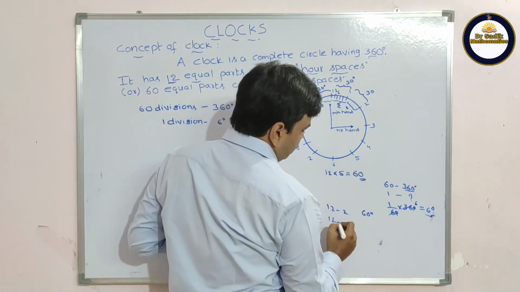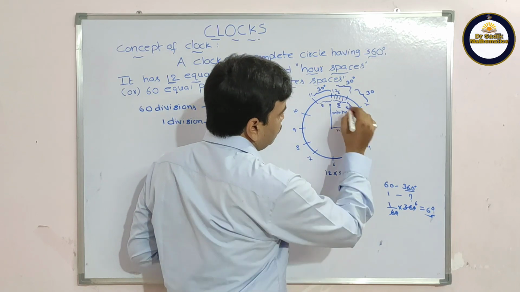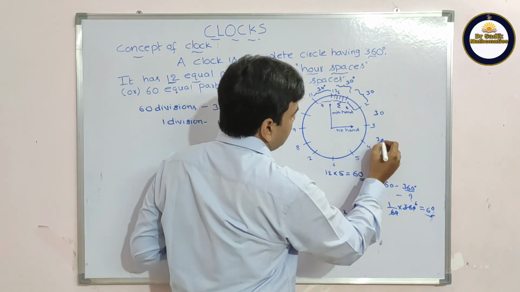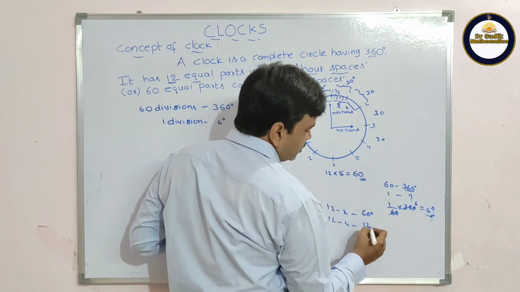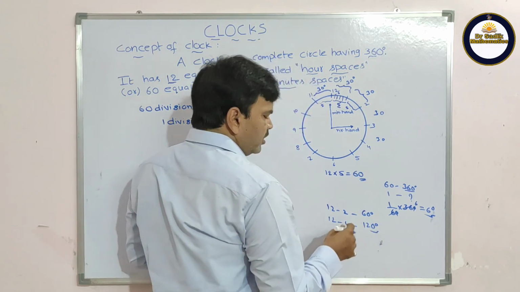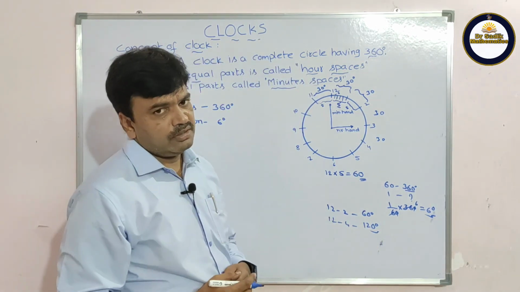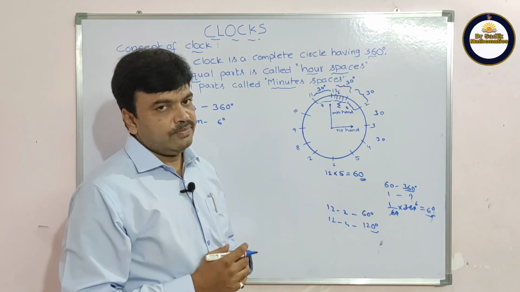Or say 12 to 4: 4 thirties are 120 degrees. In this way we can find degrees.